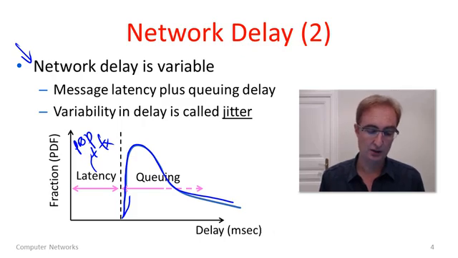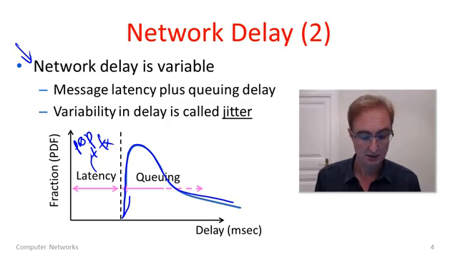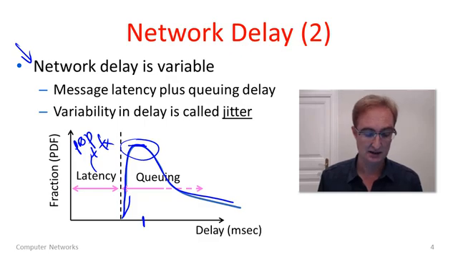This graph here shows a PDF, or probability density function, of the delay. So it's really showing the fraction of packets which experience which delay. The biggest fraction of packets experience about this delay here. You can see that many packets experience delays around here. And these are delays which are somewhat bigger than the basic latency that we get from sending the message simply over that distance, because we're adding a bit by the queuing, but not too much.